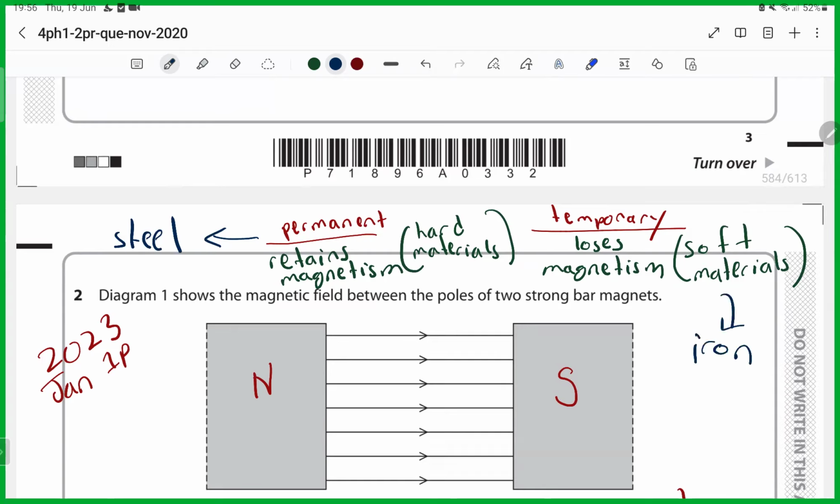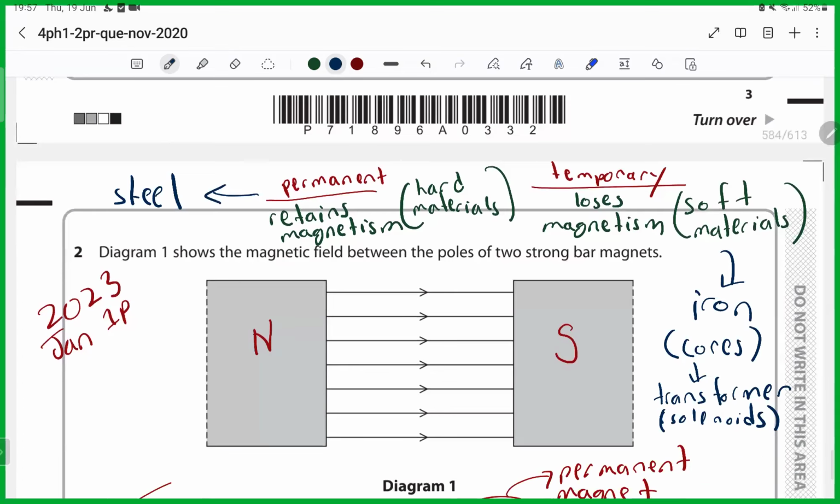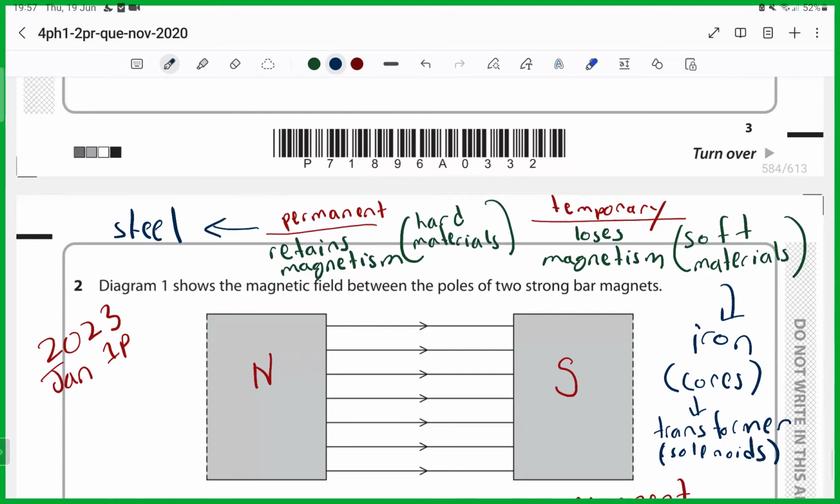Iron is a soft magnetic material, so you can use iron in cores like transformers or solenoids where you can easily magnetize it. Because in solenoids and transformers you have to easily magnetize the material. Hard and soft, it's not that concept. It's about magnetism.